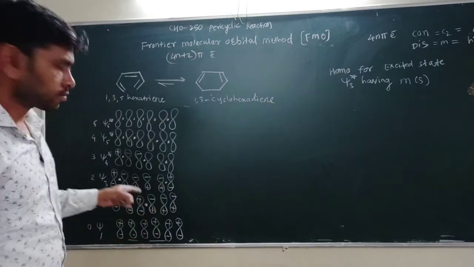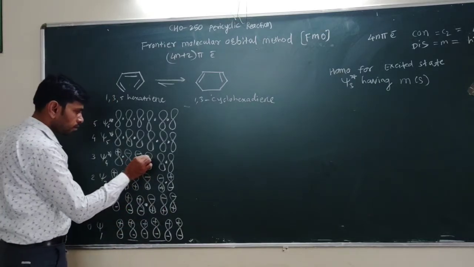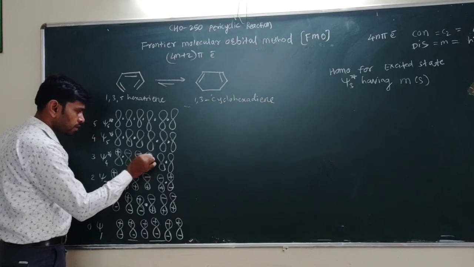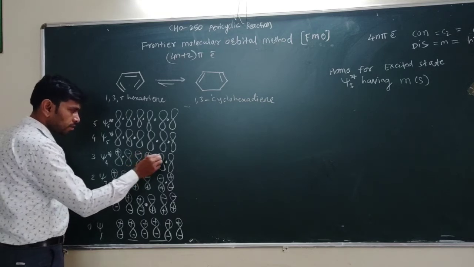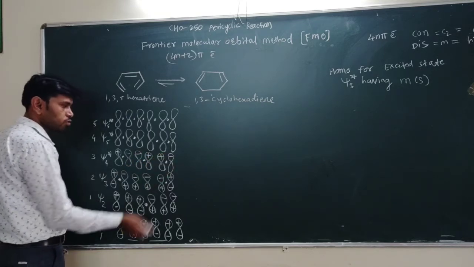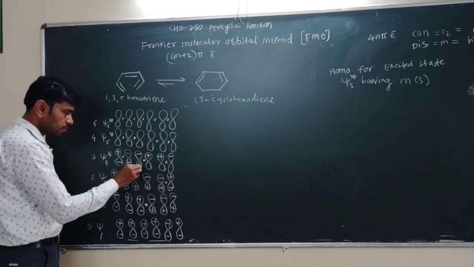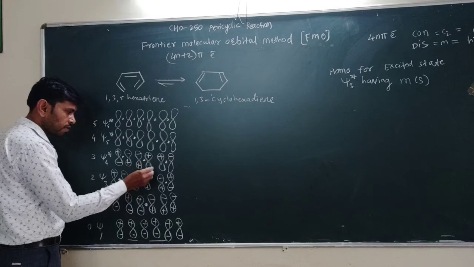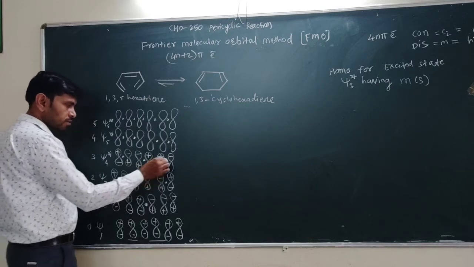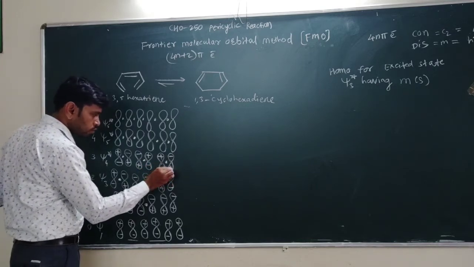Okay, so the signs are here. Plus, again plus, here plus, due to the node changes to minus. Here minus, due to the node changes to plus. Here plus, again node, so minus, minus. Again a node, so plus.